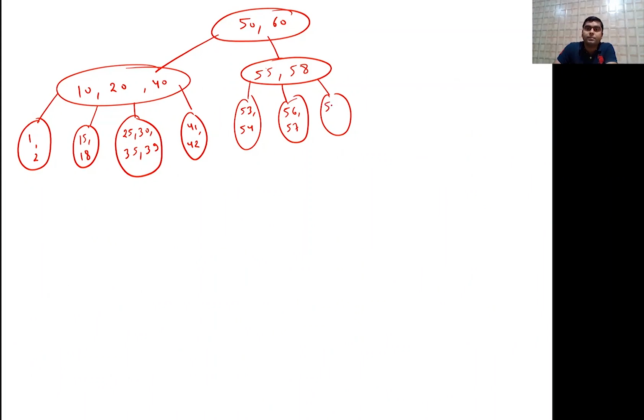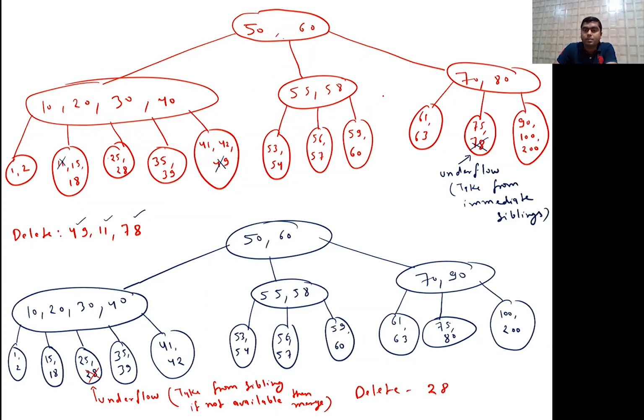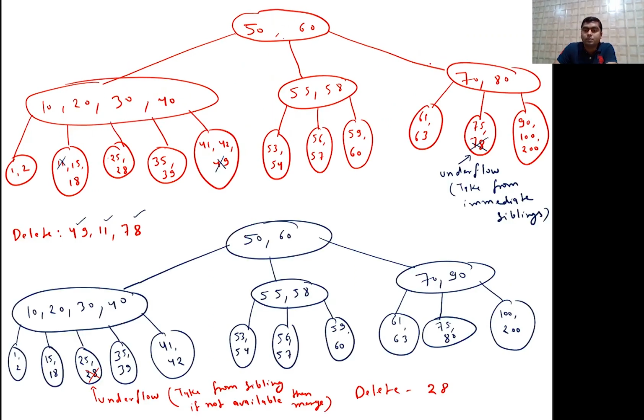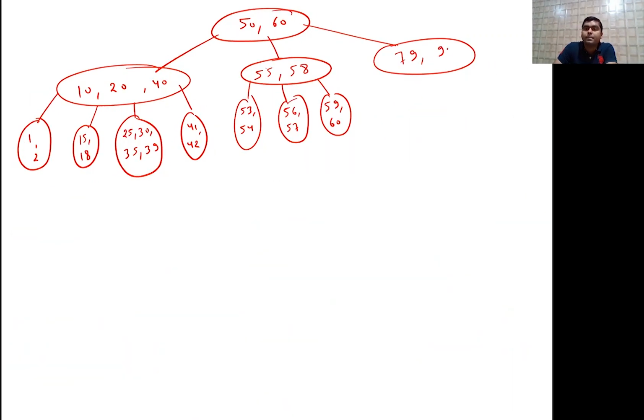And what is the right part? The right part is 79 and 90. Okay, and left of 79 is 61, 63.